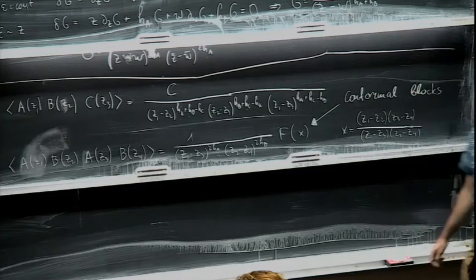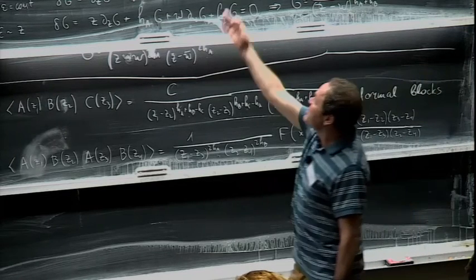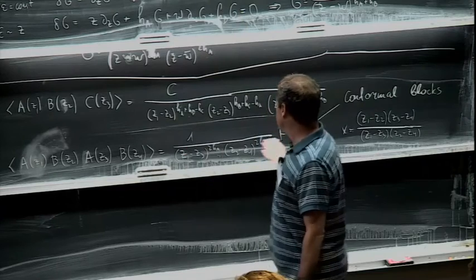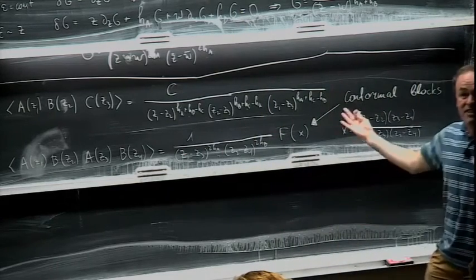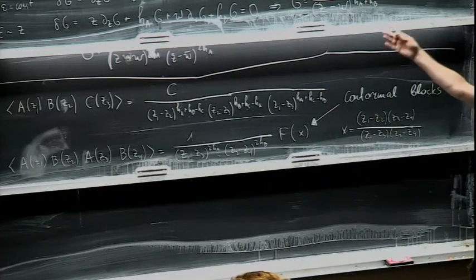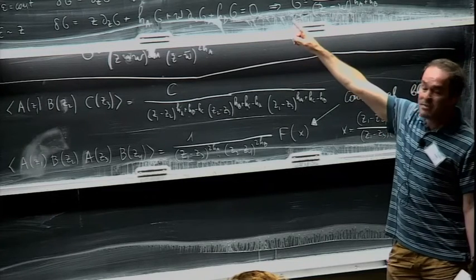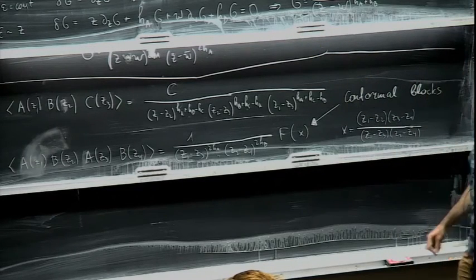This will come up later in more detail. Just by conformal invariance, it's not possible to tell what this f of x is. It's just some function of x. Any function would satisfy all these transformations: translations, rotations, scale transformations, and conformal transformations.